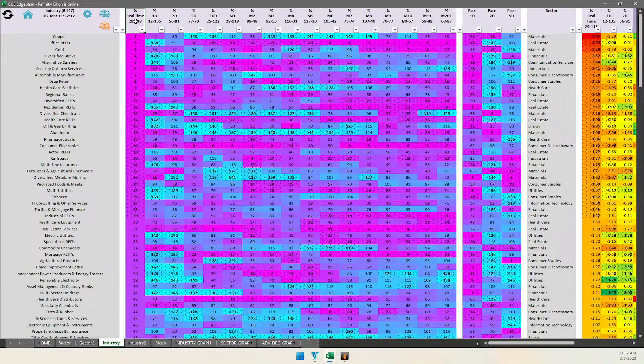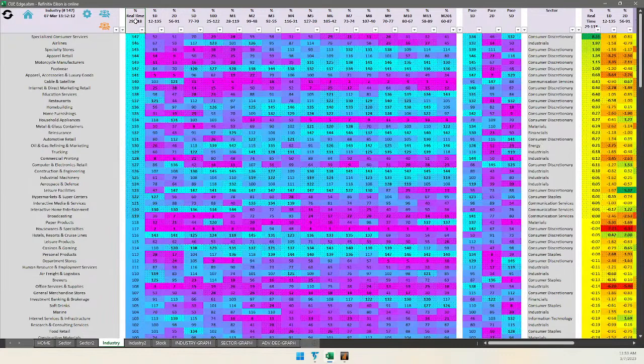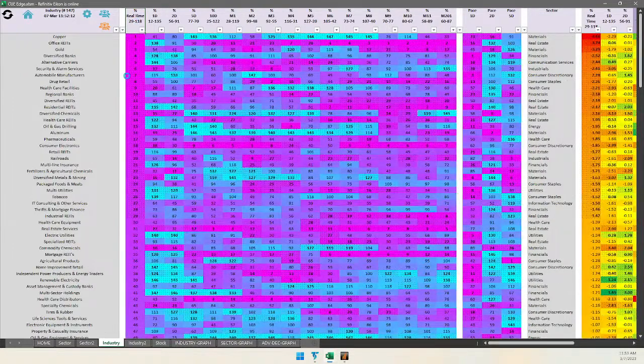So Control Shift A for ascending, and Control Shift D if I press, I'm pressing Control Shift D now. See, descending order. So you could double click and then double click again to reverse the order, or because I am looking for bearish trades, I could just press Control Shift A, ascending order. That will give me the weakest industries at the top. Again, I am selecting the context, highlighting the industries with checkered background. Those are the weakest 20%.